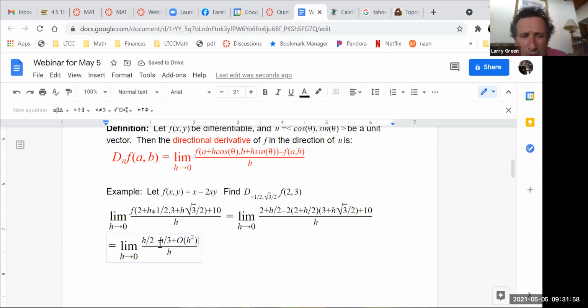Who remembers what O of h squared is? You get into computer science a lot. It's a big deal in computer science, but it also happens occasionally in math. Anyone know? Okay, it means it has a characteristic of the h squared function.